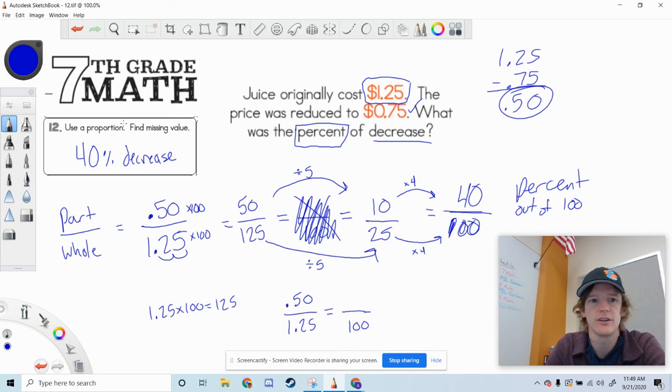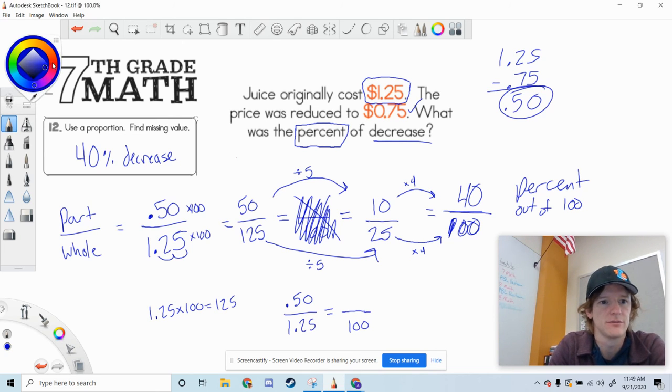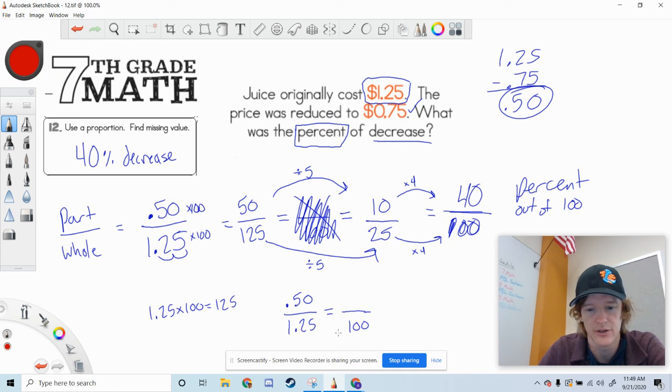I would say 100 divided by 1.25, and I'd find out that this is times 80. So I'd do times 80 on the numerator as well, and 80 times 0.5 does equal 40. That's another way we could have solved this.